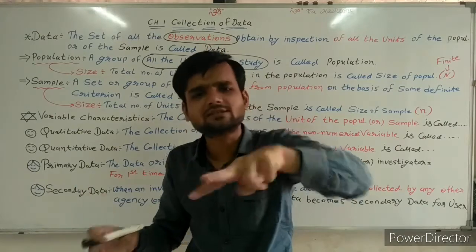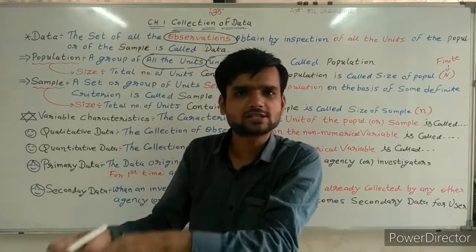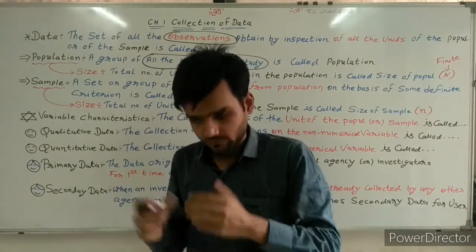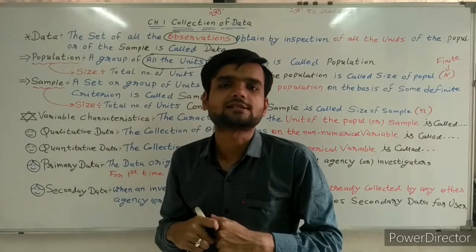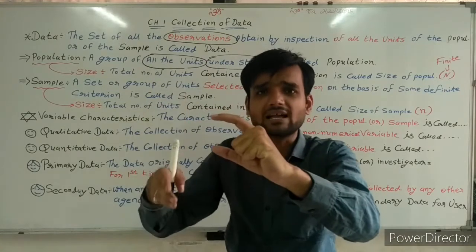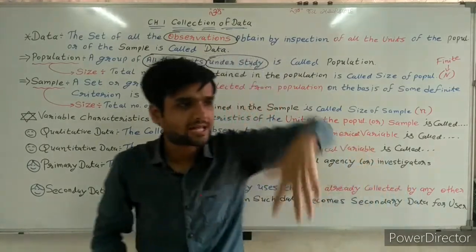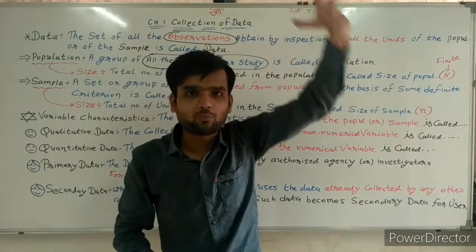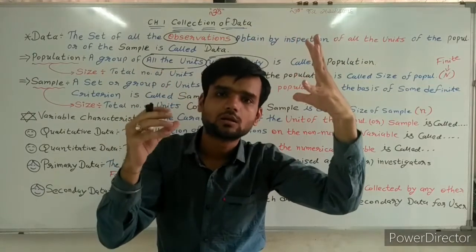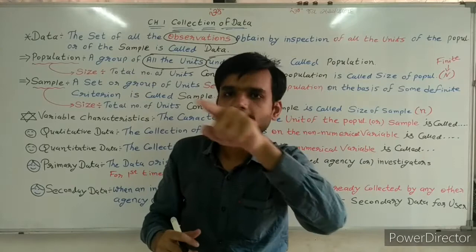If you are selecting accounts and statistics, 2 classes, and comparing both, taking information like number of students, name, roll number, then 2 classes are observed from 7 classes, and those 2 are a sample. So we are taking a sample from the population. Population is big, from that we are taking 1 sample or 2 samples, 5 samples. That is called sample.